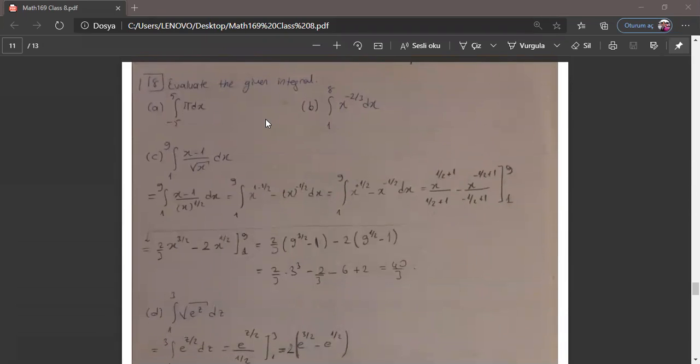Now we evaluate the integrals. This is so easy. We have pi x from -5 to 5, right? So 5 pi minus negative 5 pi, which is 5 pi plus 5 pi, so we get 10 pi.